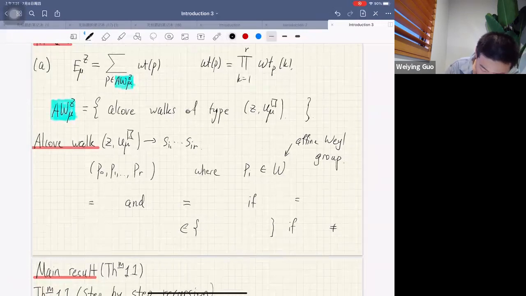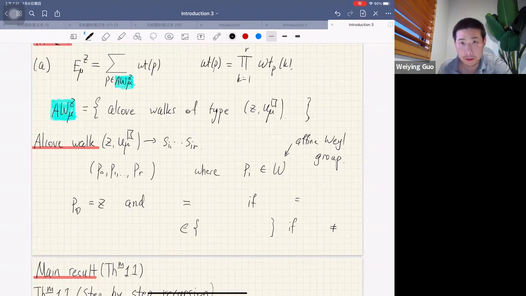For each of them, P0 is equal to z. We require the first one to be z, where z is some permutation inside Sn.